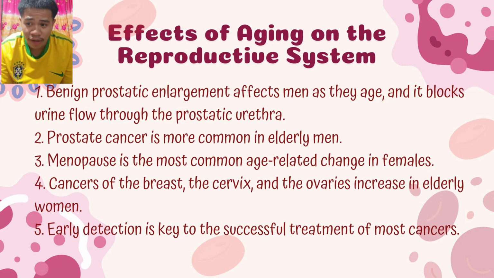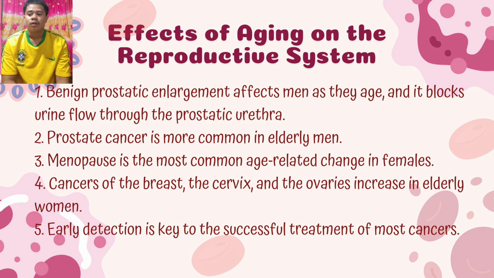Third effect is menopause, the most common age-related change in females. Then cancer of the breast, cervix, and ovaries increases in elderly women. And the last effect is that early detection is the key to successful treatment of most cancers.